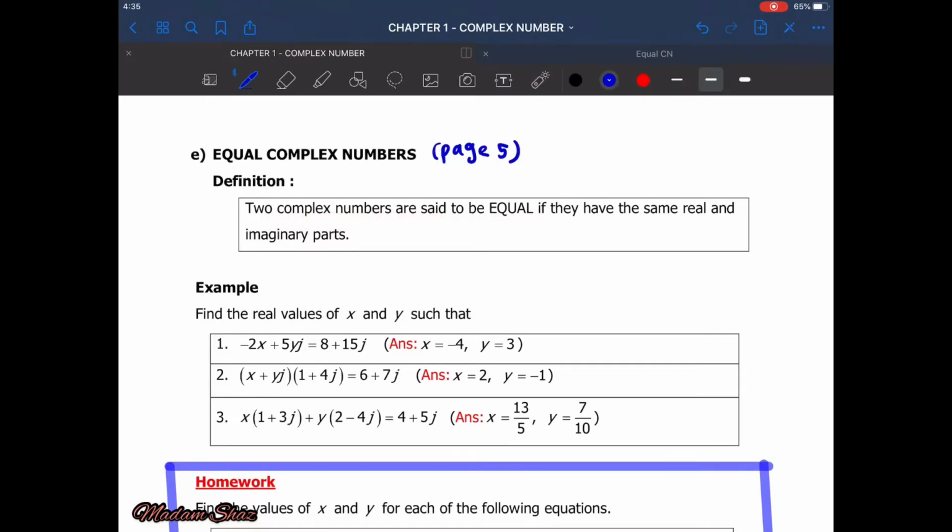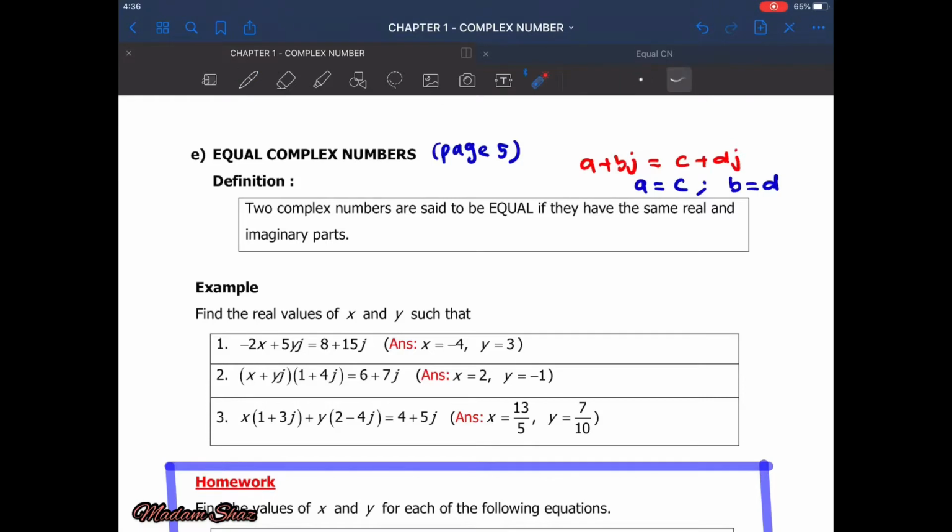For example, if we have a plus bj is equal to c plus dj, so equal complex number means that the real number a is equal to the real number c. So a is equal to c, and the imaginary, which is b here, is equal to the imaginary of d. b is equal to d.